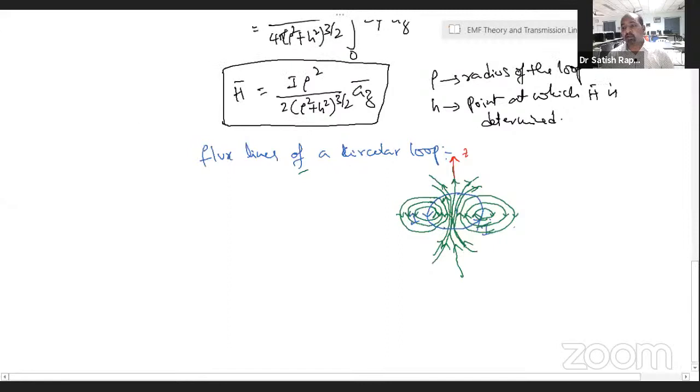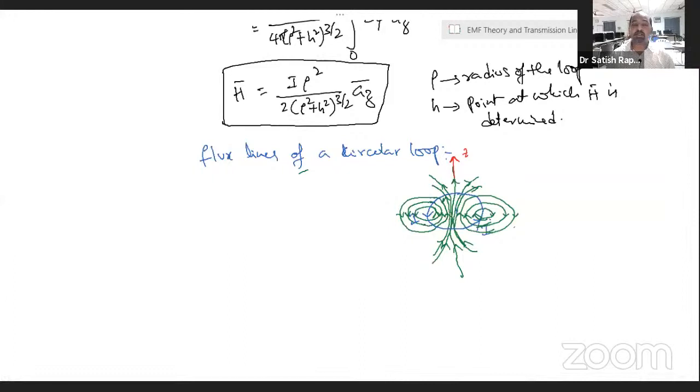I have also drawn the magnetic flux lines with respect to the circular loop, as shown, using the right hand thumb rule.